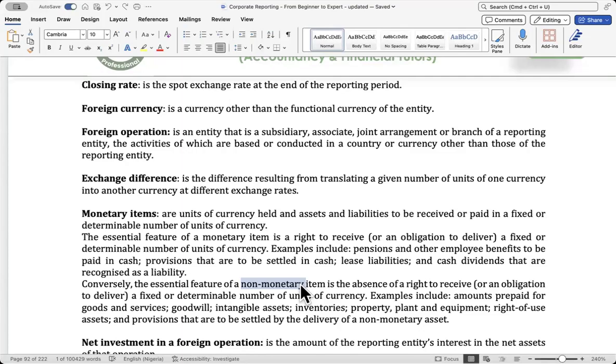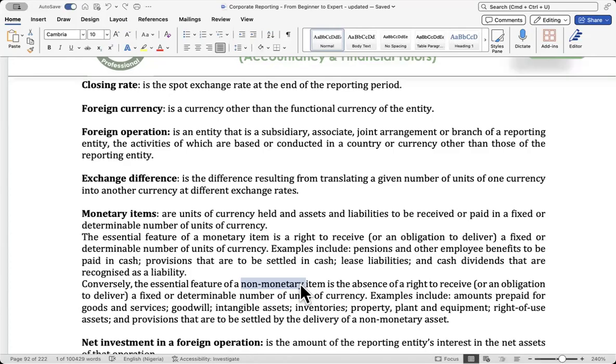It's not fixed. Or inventory that you want to sell, the prices vary. You might end up giving discounts, something like that. So those are non-monetary items. Their values are not fixed. What you would receive is not determinable.